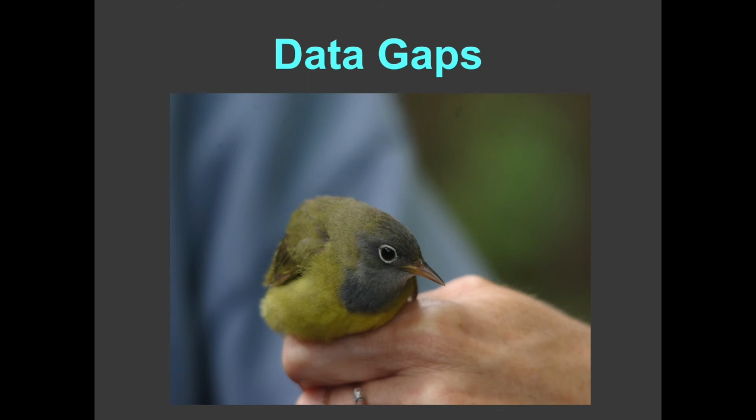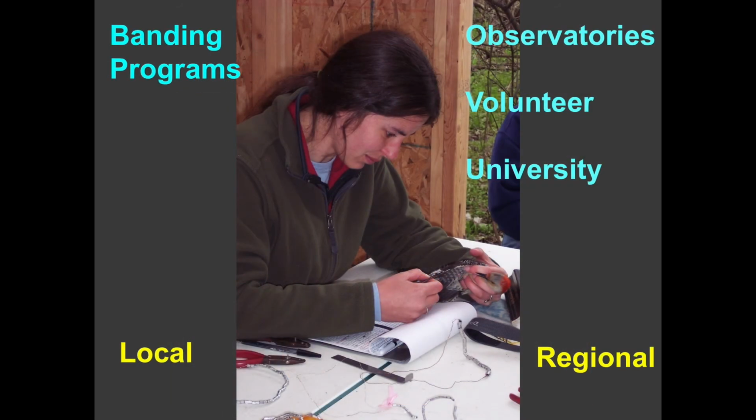Because knowing what you already have helps you start designing what you need, and where you have to put your money down. Banding programs, many are local, some have a more regional approach, but you have observatories, you have volunteers, and you have universities. They all already have the potential to come into a regional program.